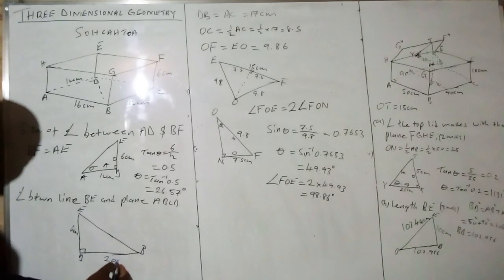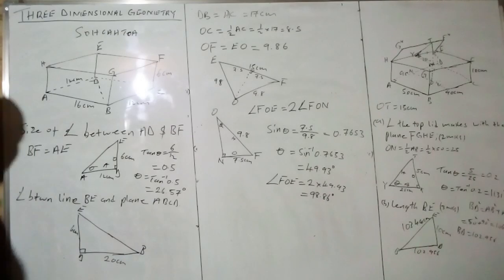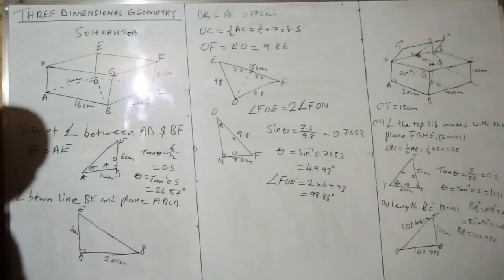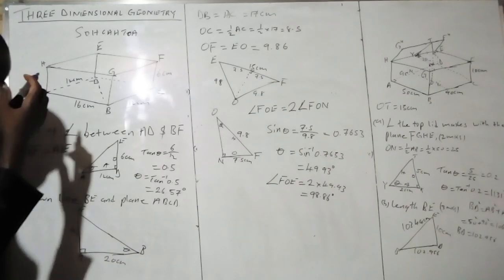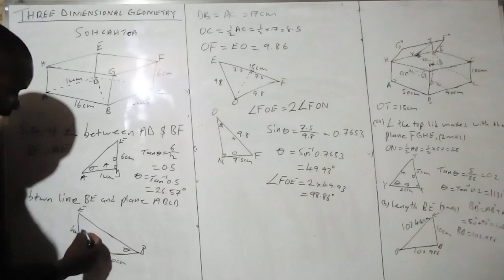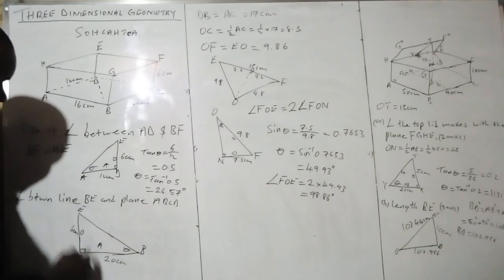But the angle the examiner wants, the angle between BE and the plane, is this angle here. Here we have adjacent and opposite. So again, we are going to use tan.